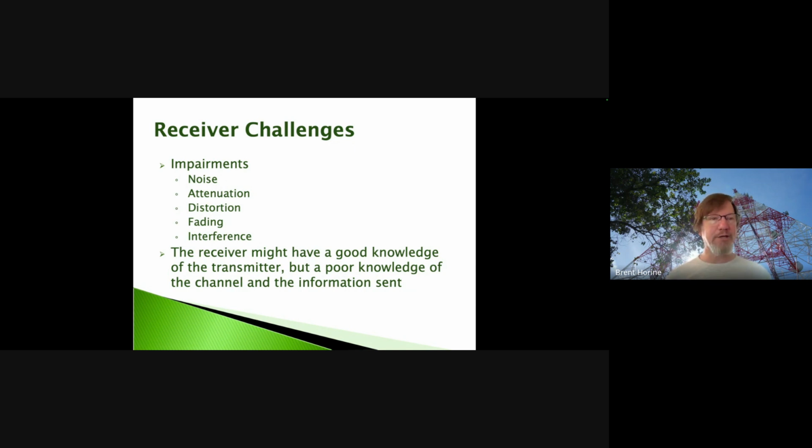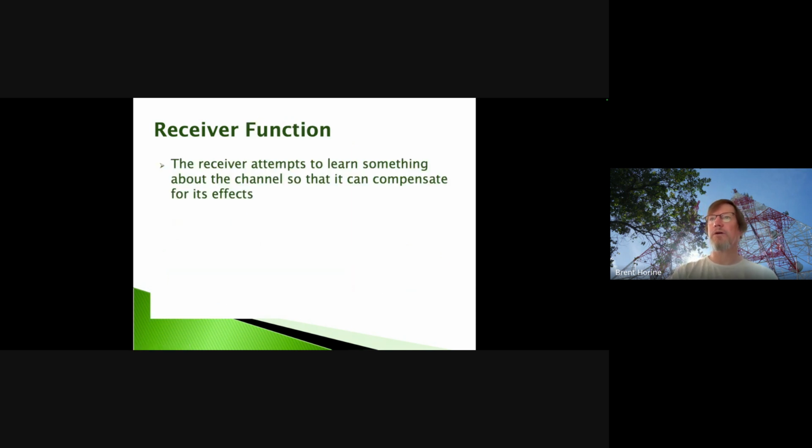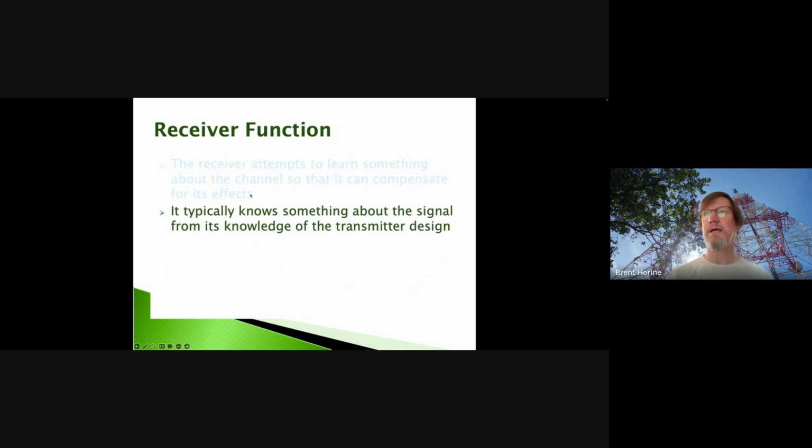Conversely, the receiver doesn't know the information that's trying to be sent. That's the purpose of the whole system. So the receiver attempts to learn something about the channel so that it can compensate for its effects and do the best job of estimating what was sent.